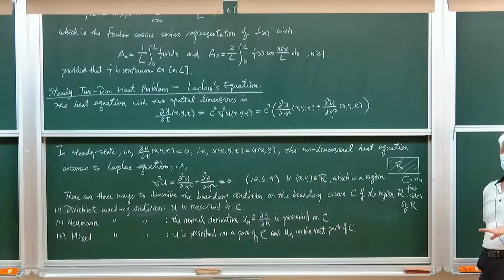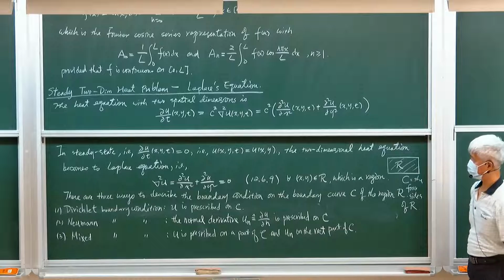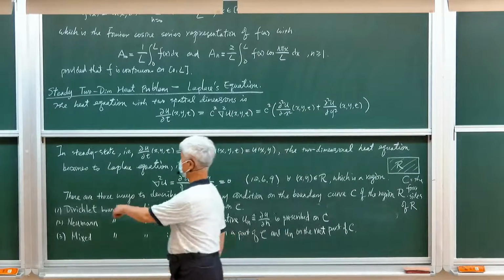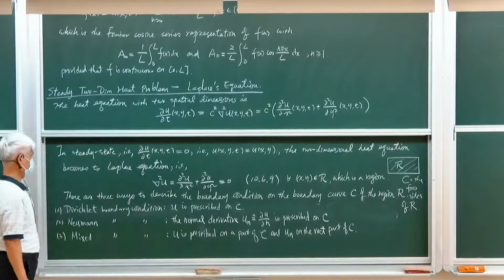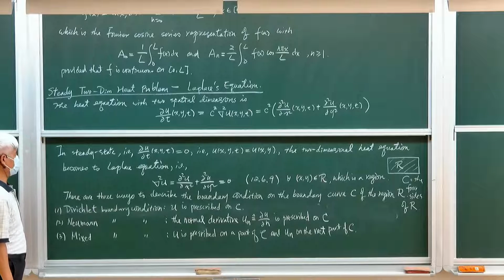So they are called mixed boundary conditions. In general, there are three ways to describe the boundary conditions.